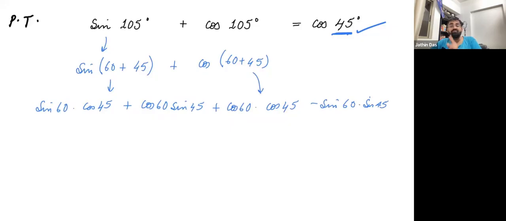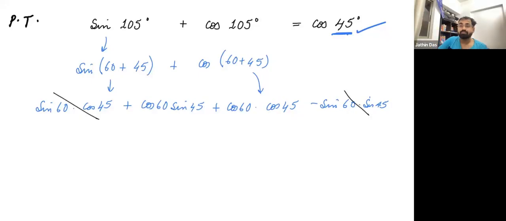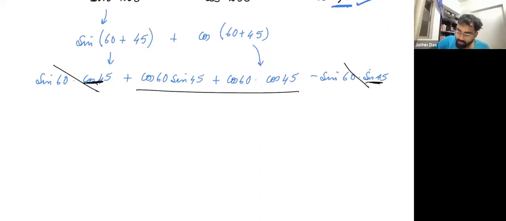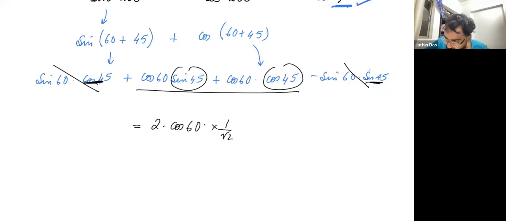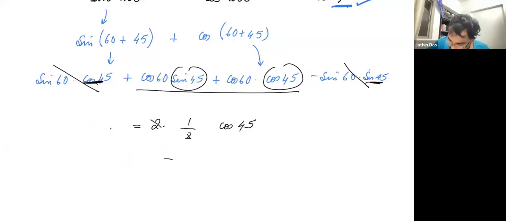But one beauty is that the values of sine 45 and cos 45 are the same. So can I cancel this and this? Because this value is the same. And this will get added up 2 times. So 2 cos 60, and sine 45 and cos 45 are the same, that is 1 by root 2. Or you write it as cos 45 because the answer has cos 45. Now, what is cos 60? 1 by 2. Cos 60 will remove 1 by 2. So that is cos 45.